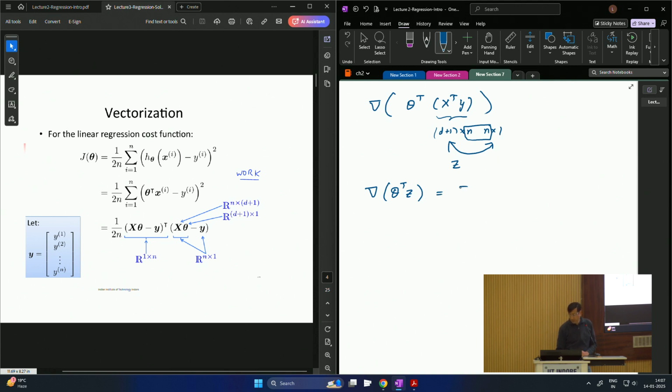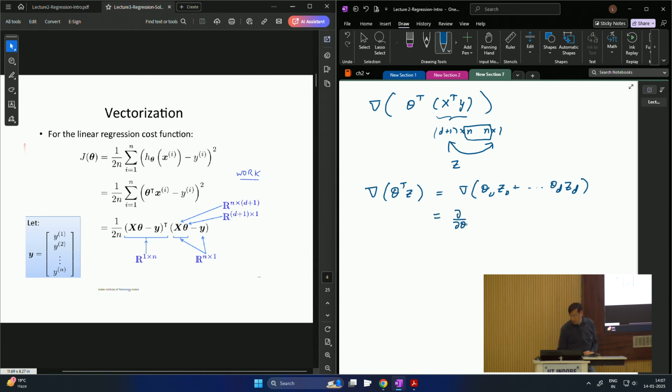So I'm going to do gradient of theta 1 z1 all the way till theta d. Sorry, थीटा नॉट से स्टार्ट होगा. Theta naught z naught plus theta d z d. Correct? Everybody with me? Now what is gradient?